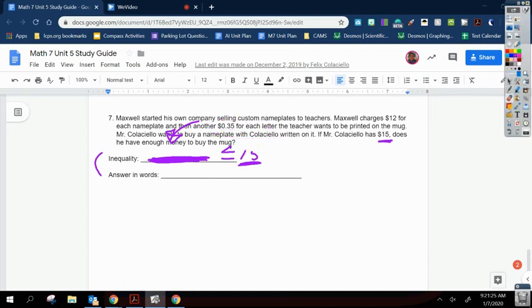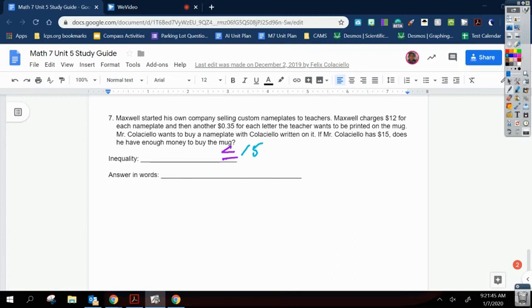This is an inequality, so you have to remember one side has to be larger than the other. So $15 is what he has, and then $15 needs to be more than the cost that he spends. If he spends more than that, he can't get it.